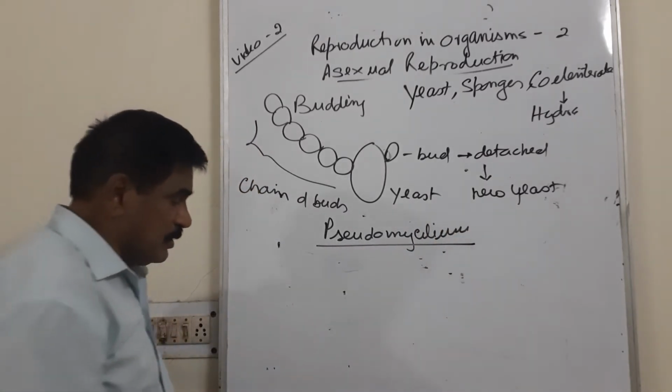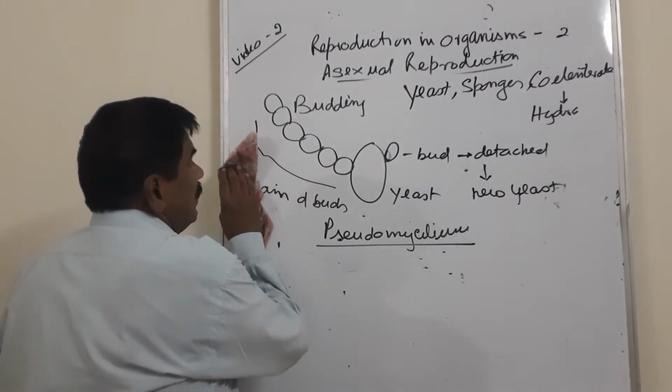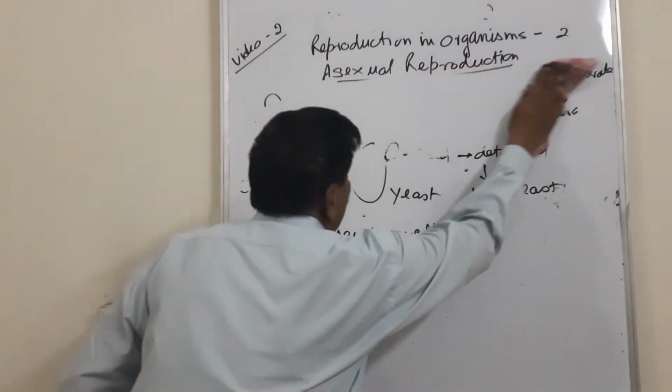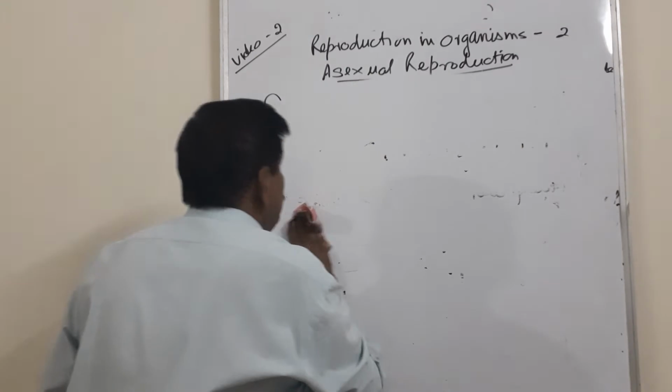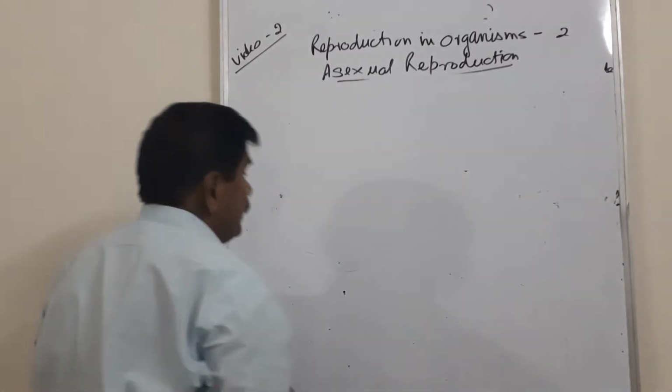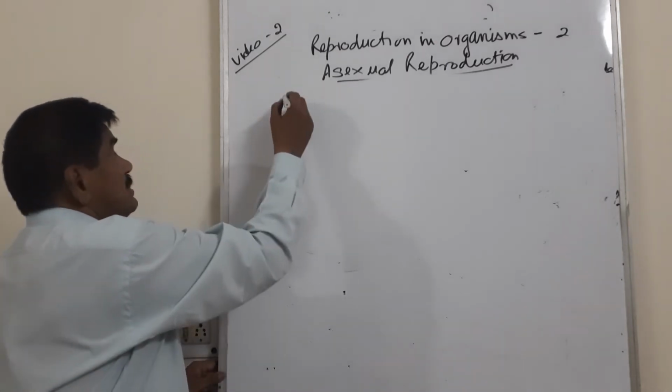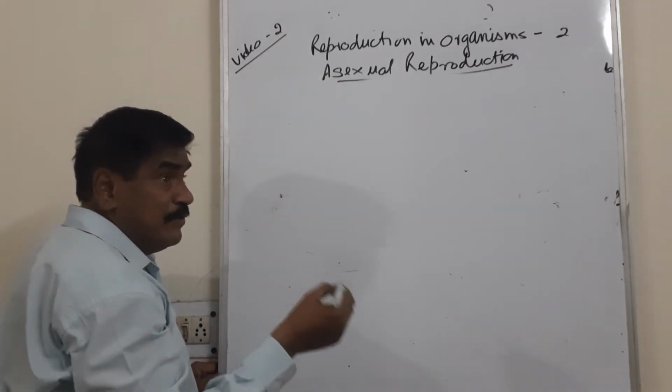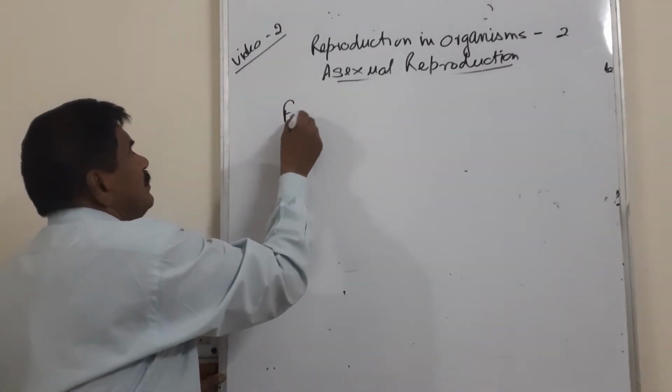The next type of asexual reproduction is fragmentation. Fragmentation means the body may be divided into many parts.